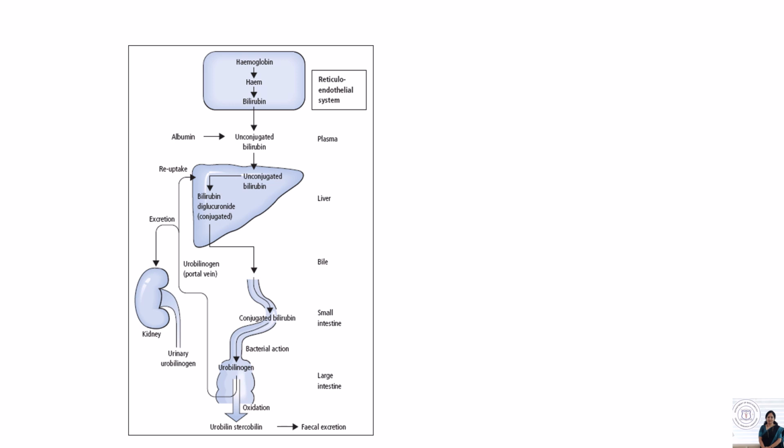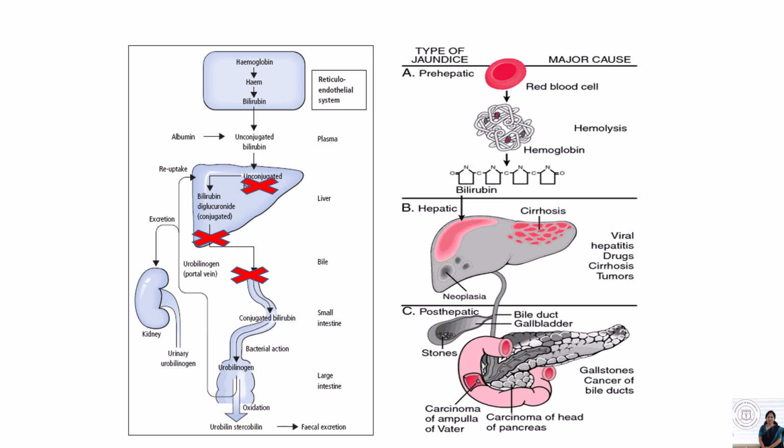Now jaundice can be characterized into 3 types: pre-hepatic jaundice, hepatic jaundice and post-hepatic jaundice. These bile salts are mainly excreted in post-hepatic jaundice or obstructive jaundice. This is because the bile pigments are conjugated, and this conjugated bilirubin is water soluble, and hence it gets excreted in the urine.